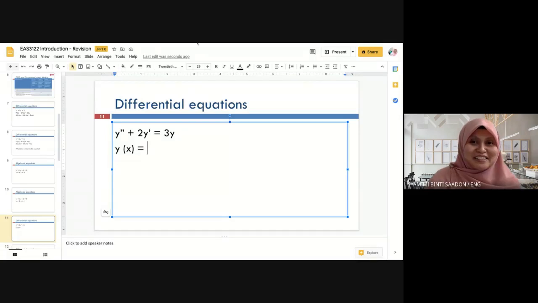What is the assumption that we normally make? y(x) equals what? Then we try to fill in that y in the differential equation and check whether it's true or not. Y equals 0? No, not 0. Y(x) equals?